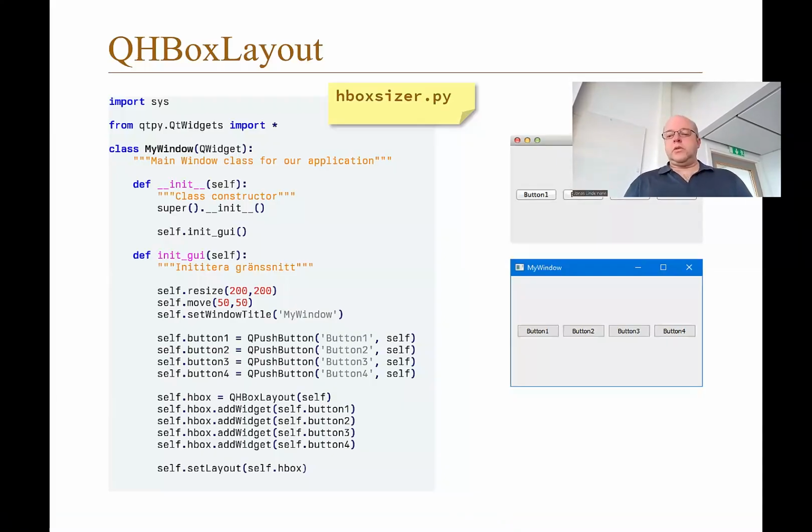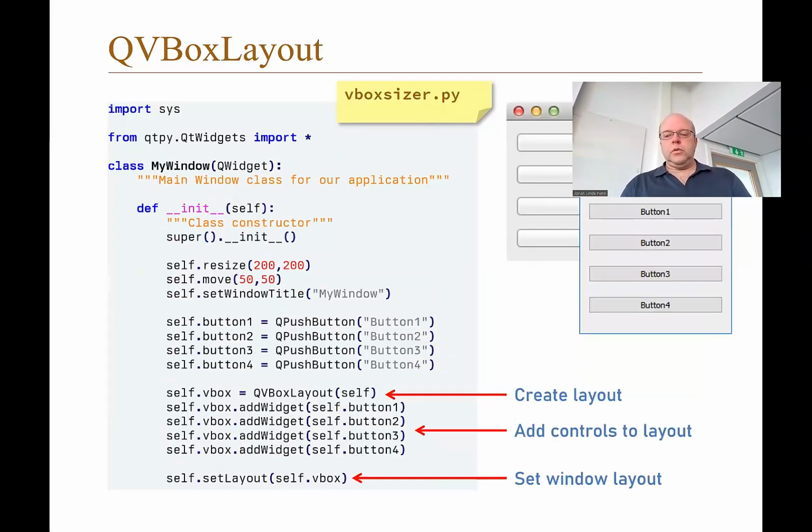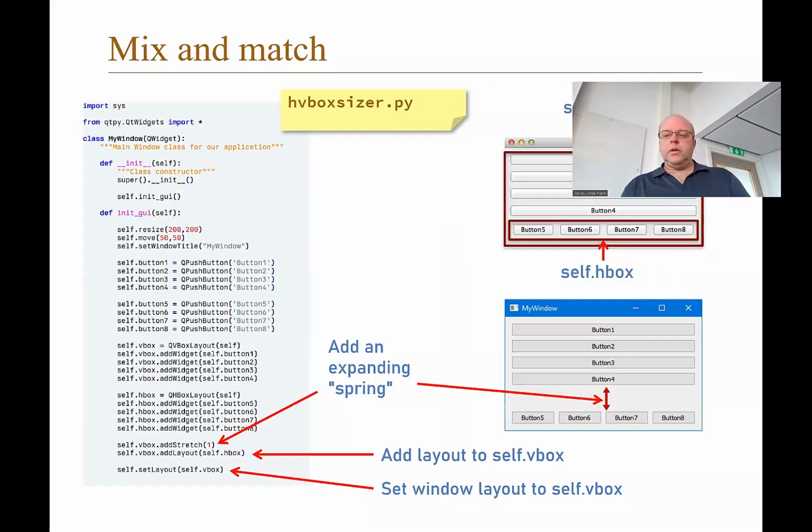Then you can combine these two. One sizer can contain another sizer. So you can have a vertical sizer, and one row could be a horizontal sizer. So for example, here the main sizer is a vertical one. So these are all sorted vertically.